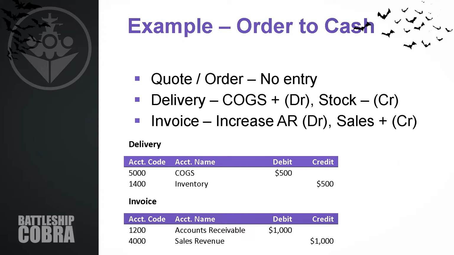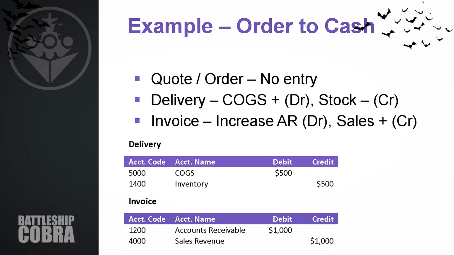So we're going to credit stock. And cost of goods sold, that's our direct expense for our widget. So at the cost that it cost us, we are going to move the balance from inventory into expenses. So that's the delivery. The delivery sends out inventory into the world. You copy the delivery to an invoice, which increases your accounts receivable.